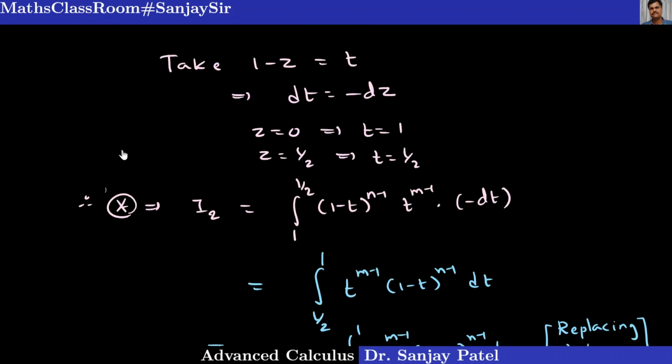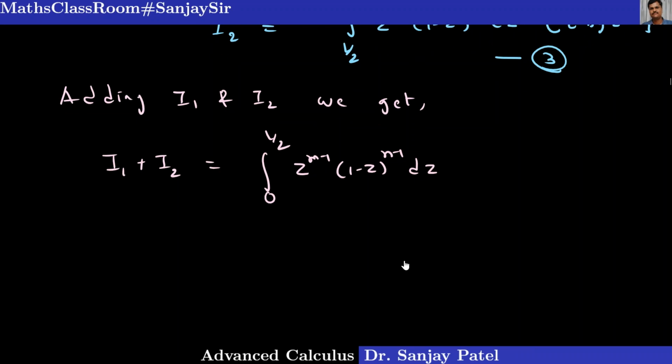So yes, it is fine. So this is I1 plus I2 is integral 1 by 2 to 1 z raised to m minus 1 into 1 minus z raised to n minus 1 dz.